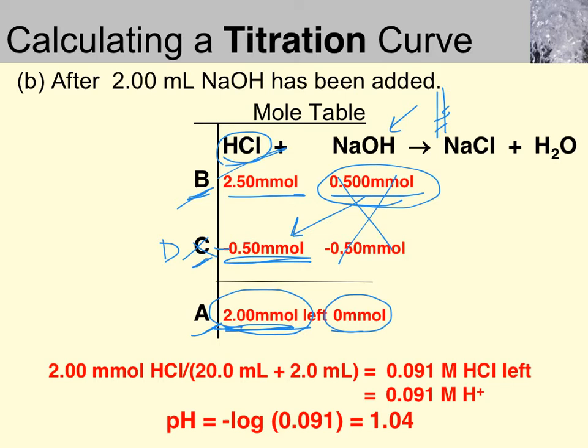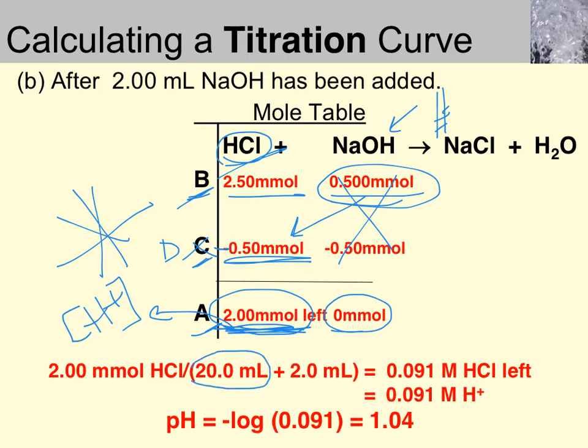Be careful, be careful, be careful at this point. In order to get the pH, we need to go back into the concentration rather than moles for the hydronium ion. So we need to divide these moles or millimoles by the total volume of the solution. The tricky part is the total volume has changed.